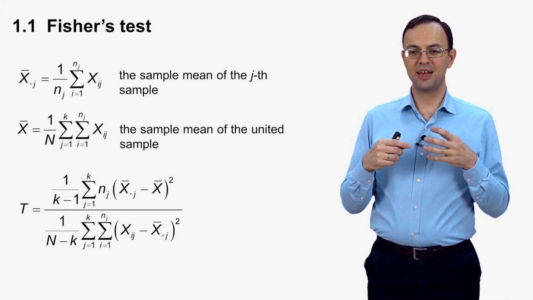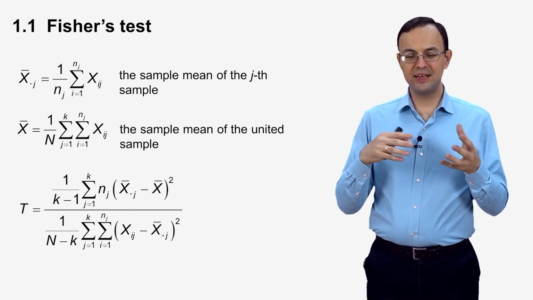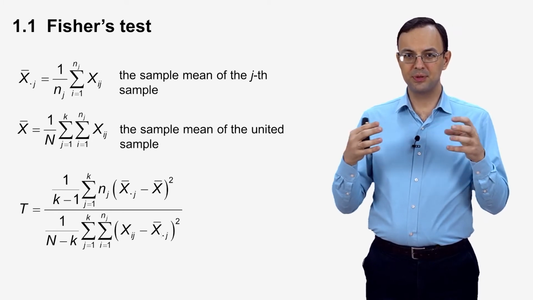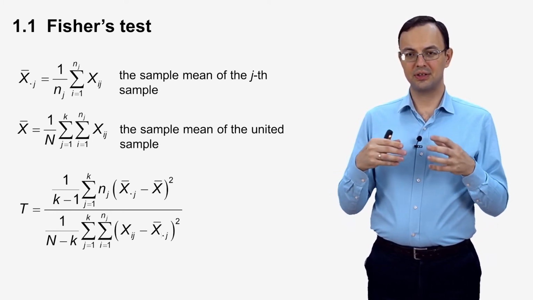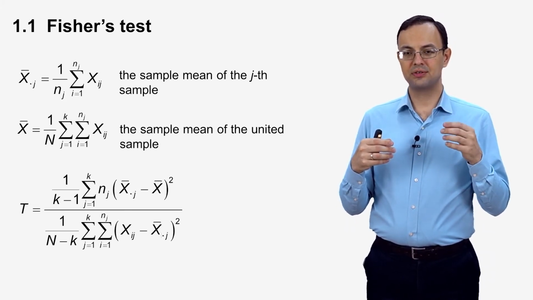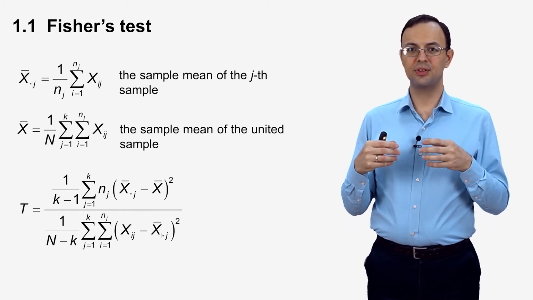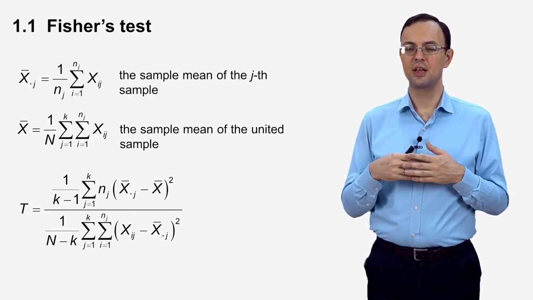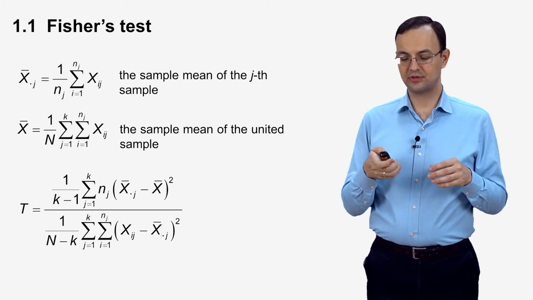So we assume that the difference between factor levels is greater than the variation of the response within factor levels. And if the numerator is small enough, then we can assume that the null hypothesis is true. So this fact is in favor of the null hypothesis, that there is no significant variation between the factor levels.